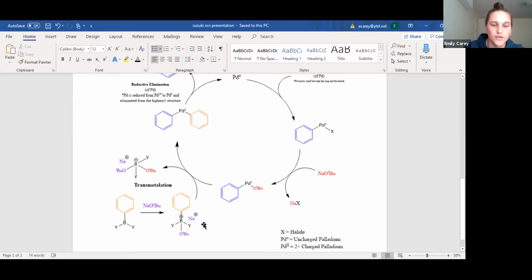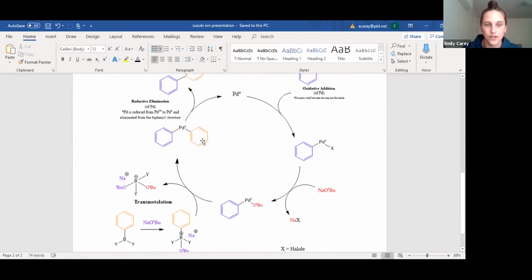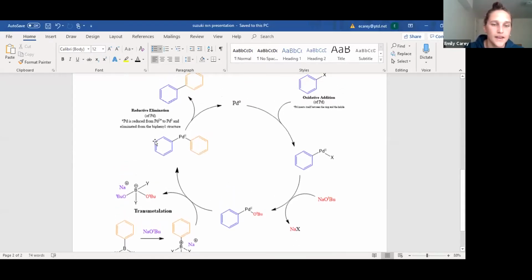So now a new base was used, which is why I represented it with purple, to put an oxygen t-butyl group on a new R group, which is why it's orange. And this is a little side product that's made in order to make this complex where the palladium is between the two phenols. And now in the last step, the reductive elimination, the palladium is gone and the phenols are attached to each other.